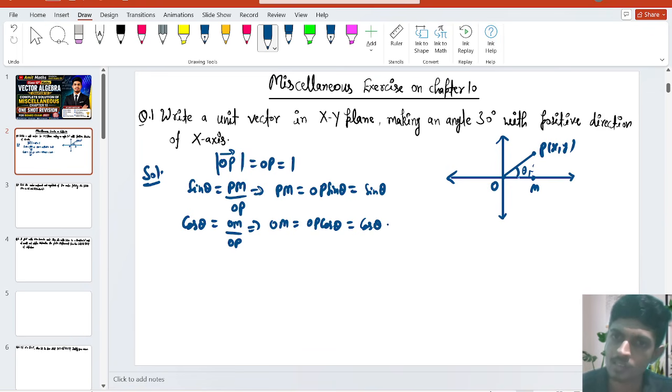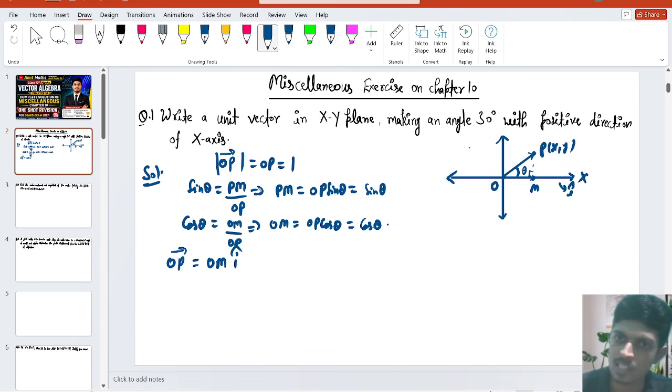So by triangle law, vector OP we write as OM plus MP. OM is in the x direction, so its unit vector is i cap.